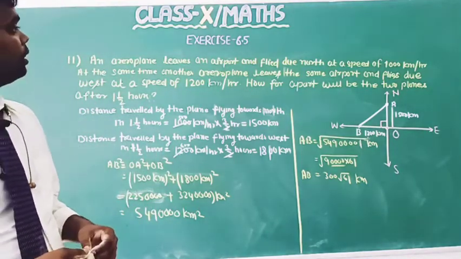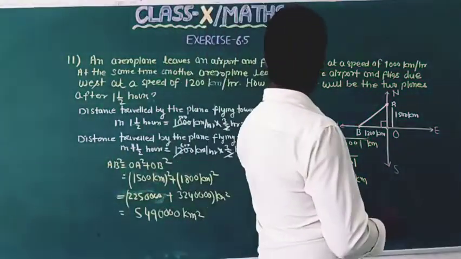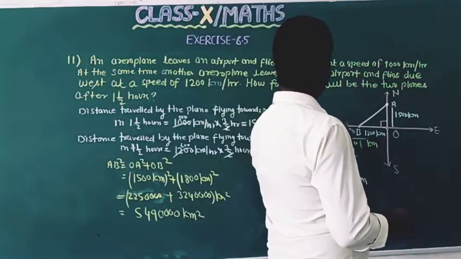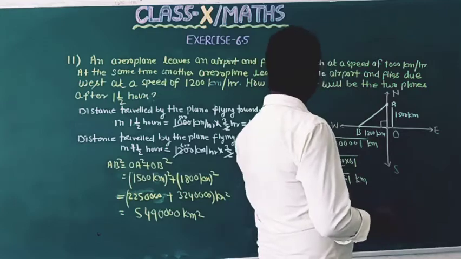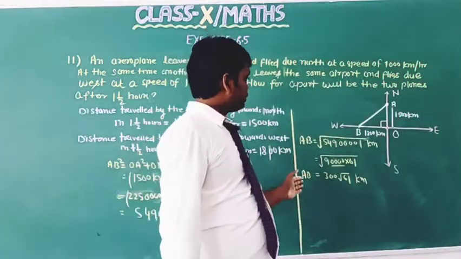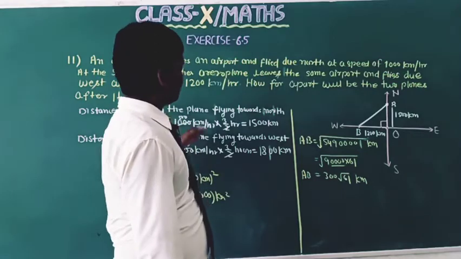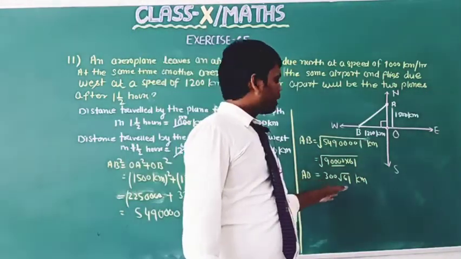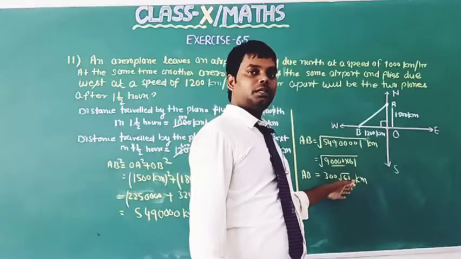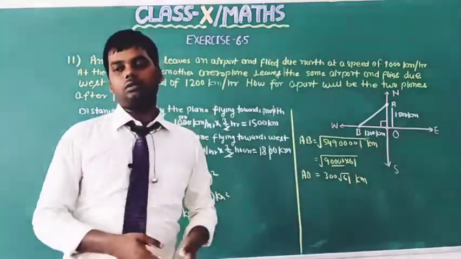Hence, here AB is the distance between these two planes. Therefore, the distance between two planes after 1 and 1/2 hours equals 300 square root 61 kilometer. So this is the answer of this question.